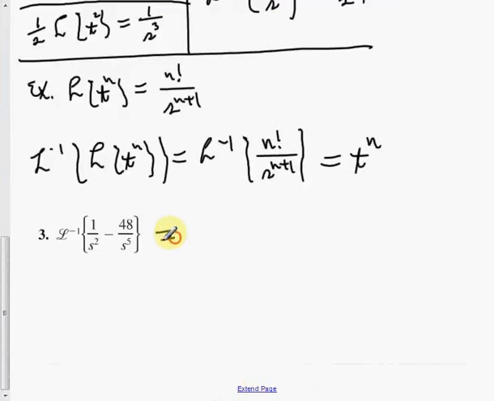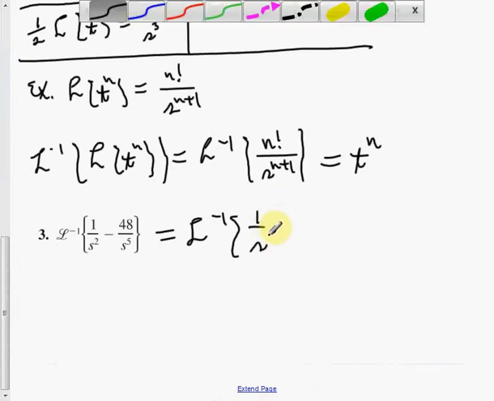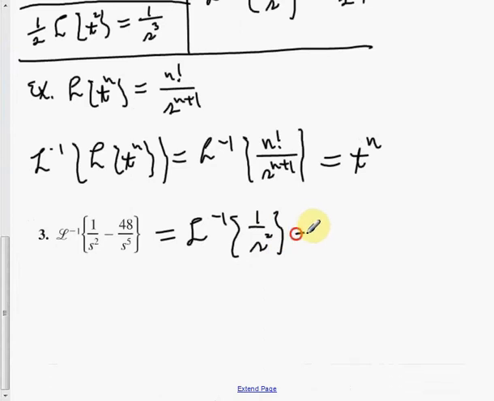Let's look at this one. You break this down. This is the inverse transform of 1 over s squared minus the inverse transform of 48 over s to the fifth.